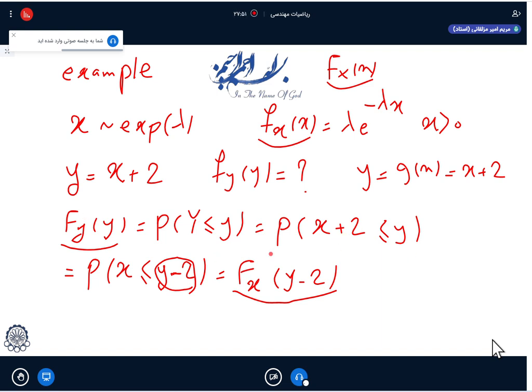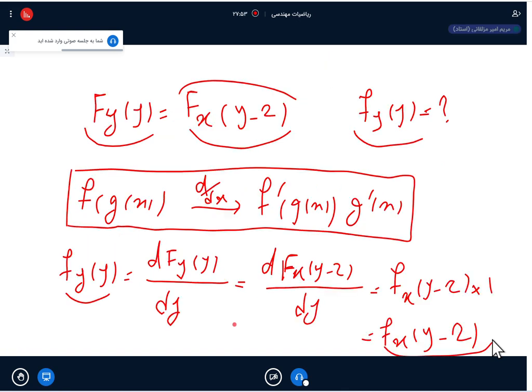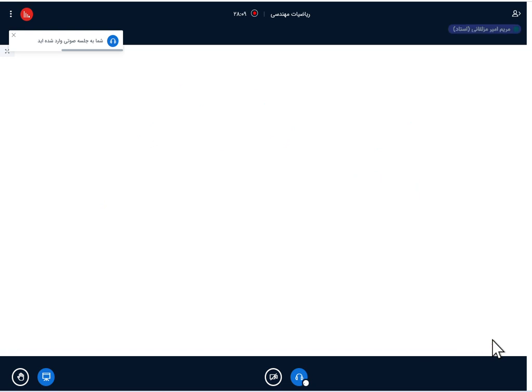So the CDF of y is equal to this. Now we have the CDF of y, and we should take the derivative of the CDF to obtain the PDF. We obtain that the PDF of y is equal to this.